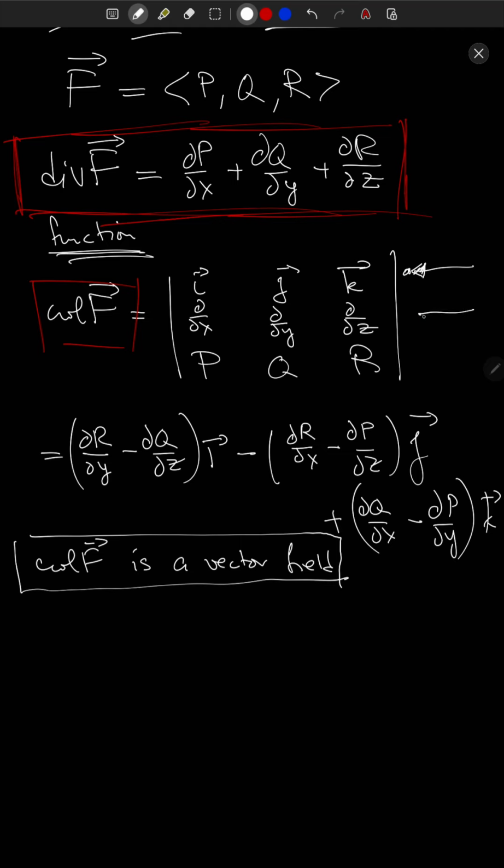The second row goes the partials: partial x, partial y, partial z, maybe partial w if you added one more. The third row goes the vector field, so P, Q, R, and then maybe, if there's 4 dimensions, add one more. But if you just had that, you can't take a determinant. It's not a square matrix. You would need one more row, but we don't have a natural, easy way to define one more row.